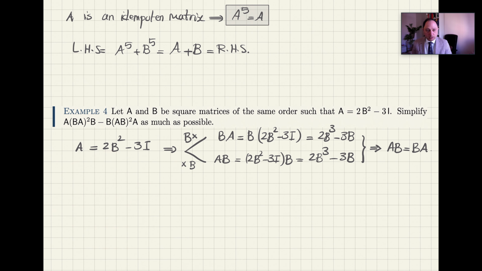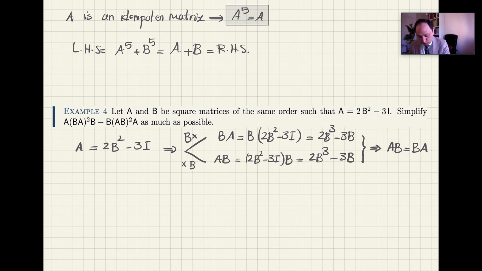So I know that matrices A and B commute by this calculation, so I can immediately conclude that this matrix is definitely equal to 0. We know associativity and distributivity are valid, only we lose commutativity. Now we have guaranteed commutativity as well. So there is no difference between matrix algebra here and number algebra. If I give you these as numbers, it is completely evident that this is equal to zero.